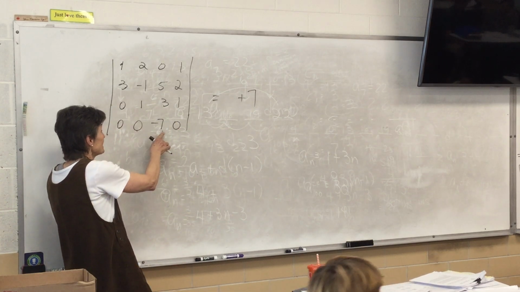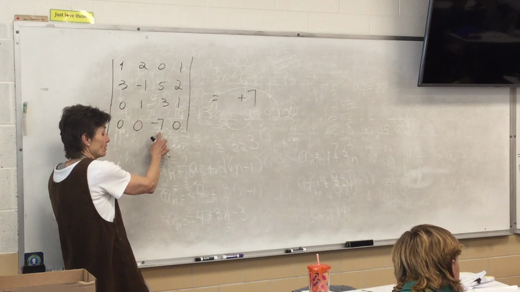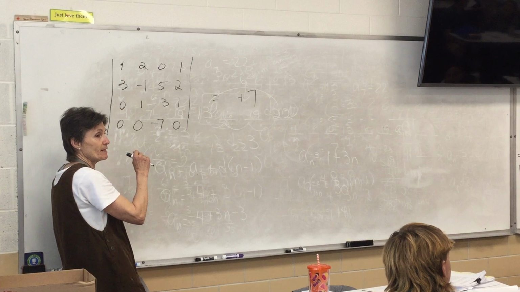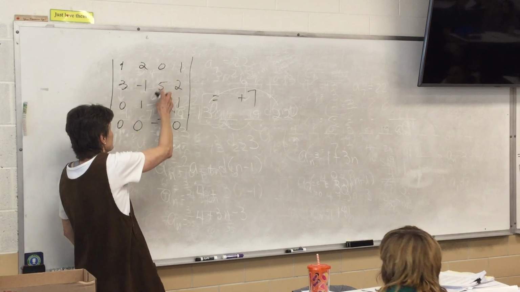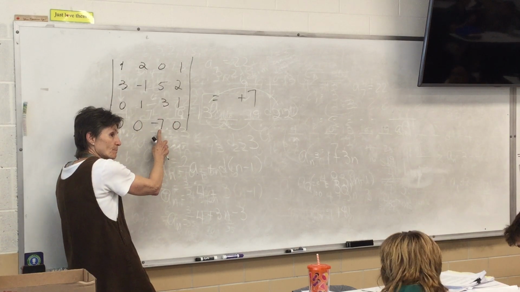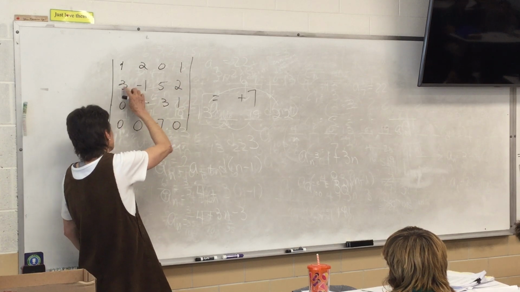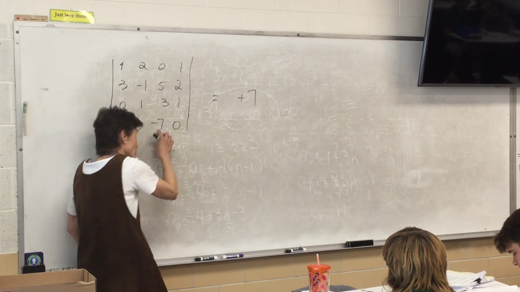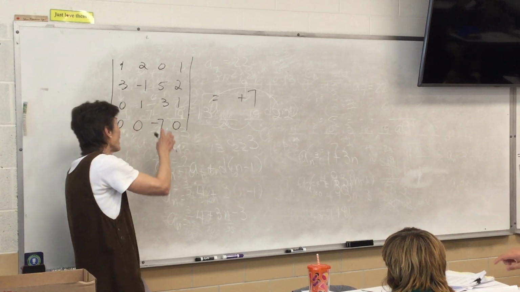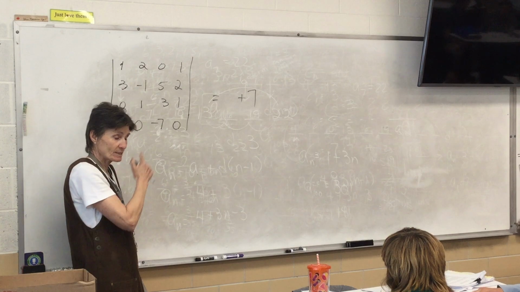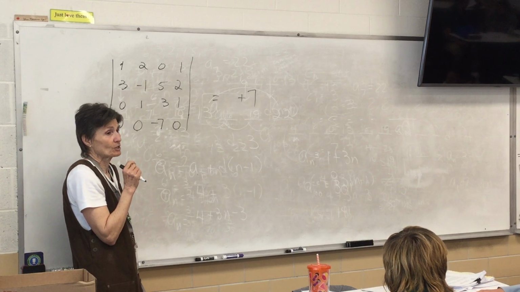If you get to here, you can get to here any way you want. I come down and across. Same, change, same, change, same, change. It doesn't matter how you get to this position in this determinant, that position's going to change.